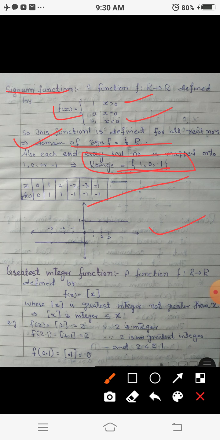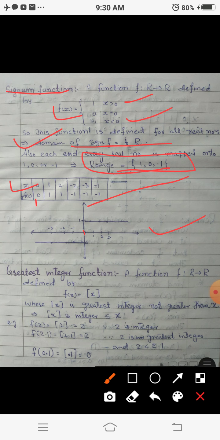So we consider a table: in the first row we take the domain elements x, and in the second row their corresponding image elements, the range elements. We know that for 0 it is 0. Now locate the point (0, 0). It is simply the point where these two mutually perpendicular axes intersect.